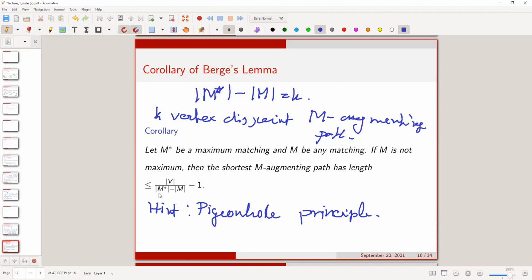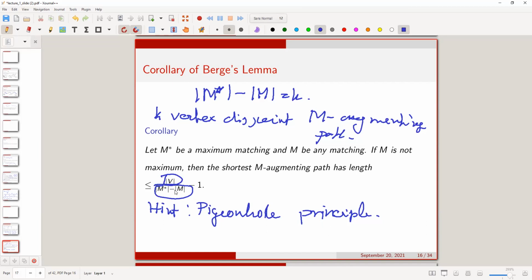So |V| divided by k, and by the pigeonhole principle, at least one of the paths will have length smaller than this ratio, because this is the total number of vertices and this is the number of paths. So this is basically the proof. We have to use the pigeonhole principle to solve this.